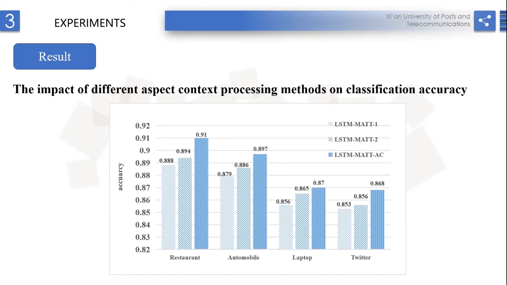The result shows that the aspect context model, which takes an aspect target as a title object and includes the left and right context of the aspect wording with the LSTM network, can make the LSTM MATGAC generate more accurate sentiment features with the aspect, ultimately raising the accuracy of aspect sentiment classification.